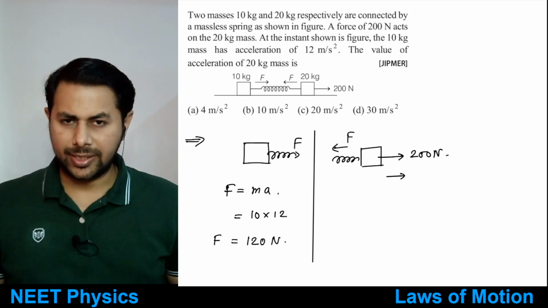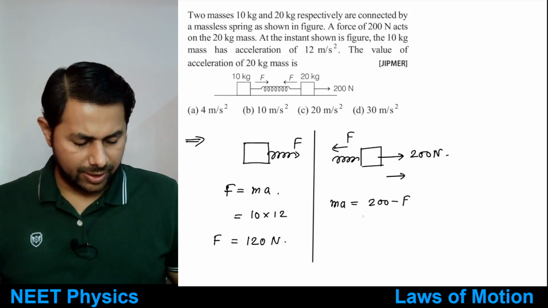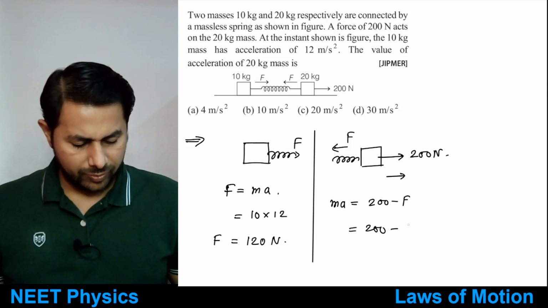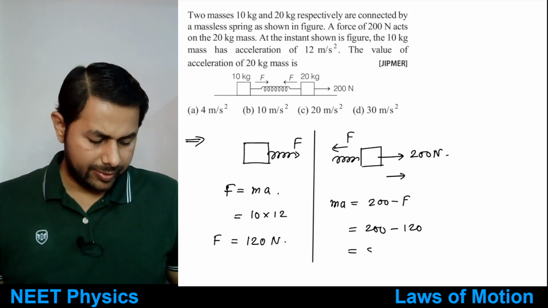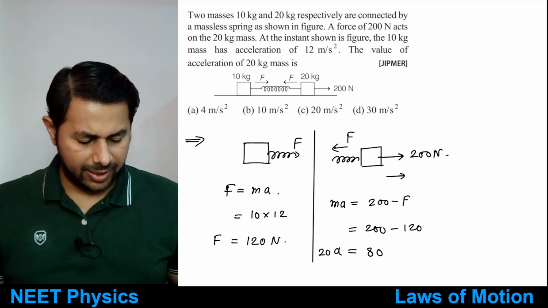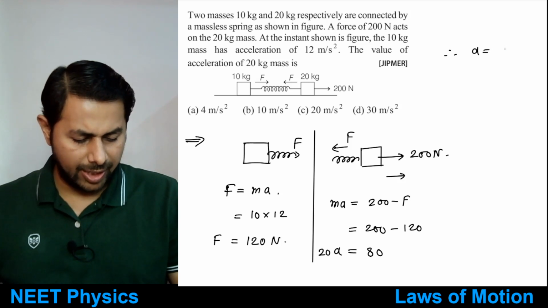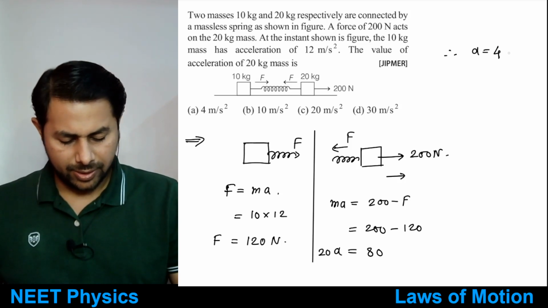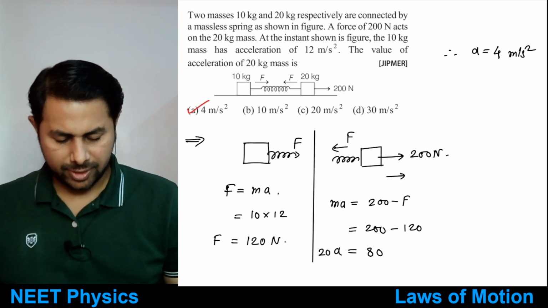Net force is mass times acceleration, that is 200 minus F, or 200 minus 120, so that is equal to 80, and mass is 20 kg. So 20 times A is 80, and therefore A is equal to 80 by 20, so 4 meters per second squared. So that is the answer. It's option A.